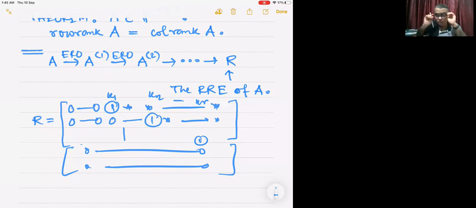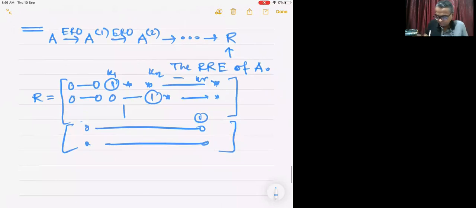But now, because we are allowed to do column operations, see what we can do. When we are doing column operations, notice that the columns where these leading ones appear have only this pivot entry, and every other entry is zero.